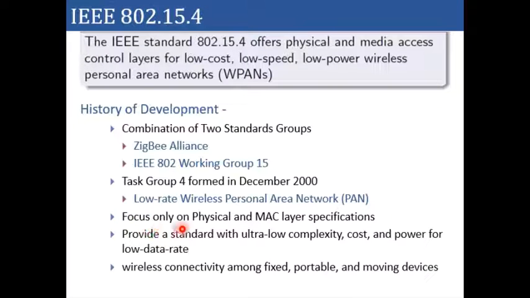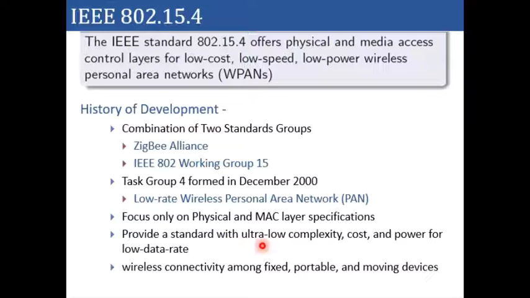Here the focus is only on the physical and MAC layer specifications. It provides a standard with ultra low complexity, cost and power for low data rate. So when you compare with the standard MAC, the 802.15.4 is having reduced functionalities.